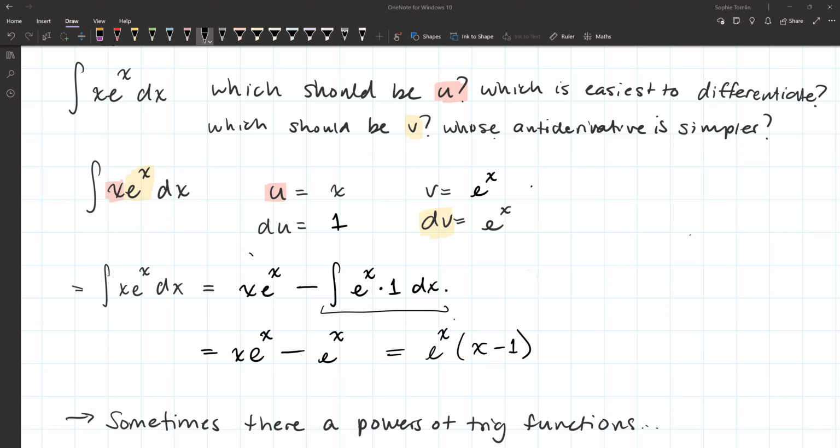But one of the biggest hints that you've maybe not chosen the right u would be that your second integral is just as complicated or even more complicated. Does that help? Yeah, awesome.